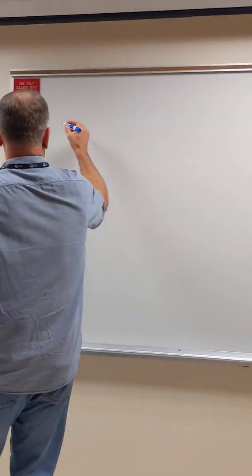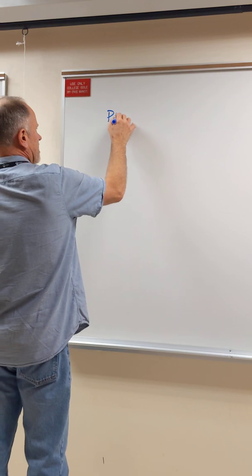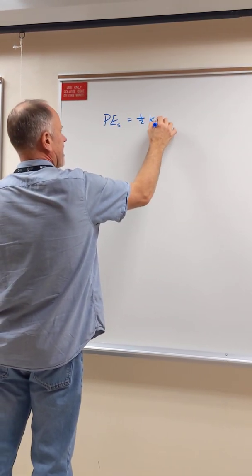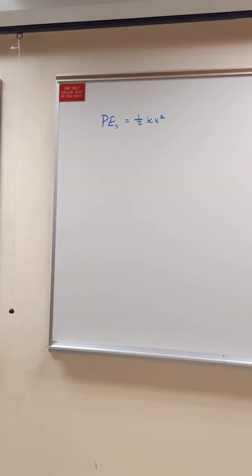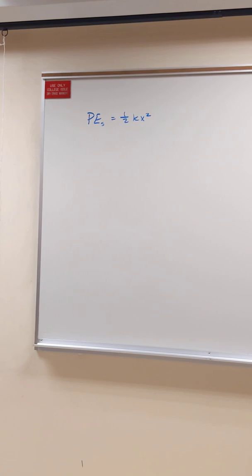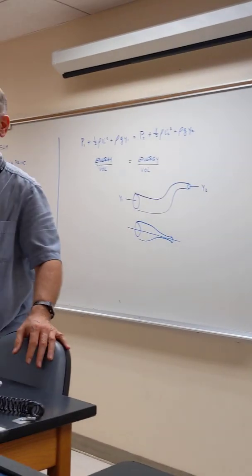Somebody come up with it. 1/2 times spring constant times the distance it's being stretched, or compressed, squared. Correct. So spring potential energy is 1/2 kx squared. Realize if the spring is just laying on the table, nothing's going on, how much potential energy is in the spring?